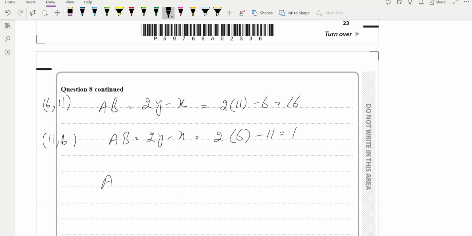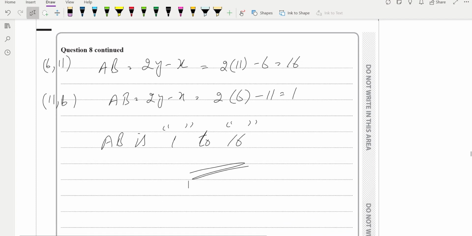So AB is 1 or 16. This will be our final answer for this question.